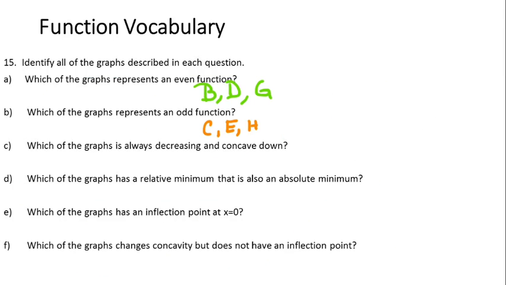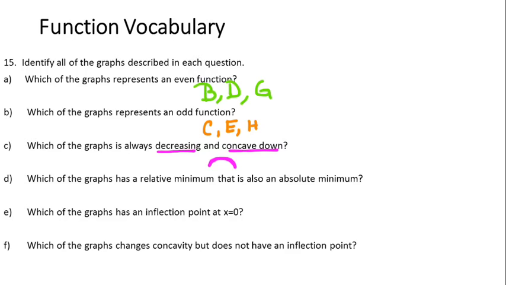Next question, we're looking for a graph or graphs that are always decreasing and concave down. So decreasing just means as I read the graph from left to right that the function values are getting smaller. They're going down. Concave down talks about the curvature of the graph, and that means that the graph has a curve that's opening down like this.